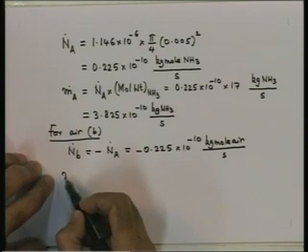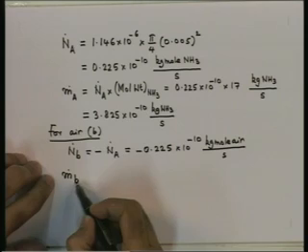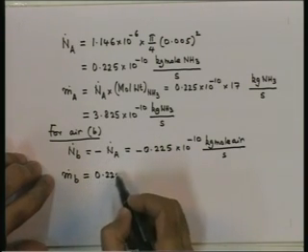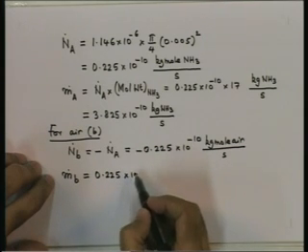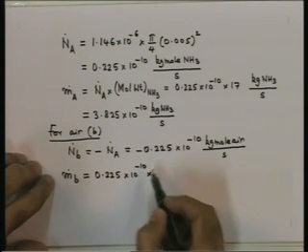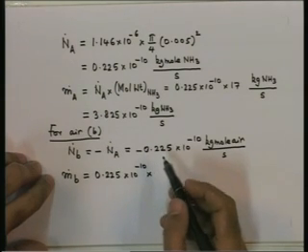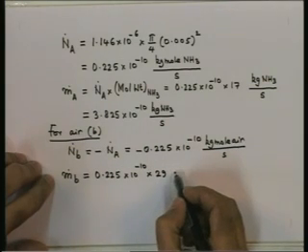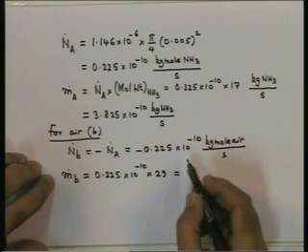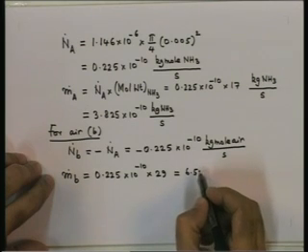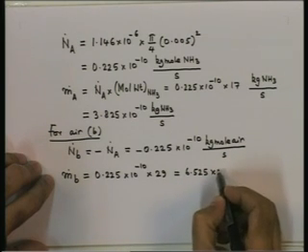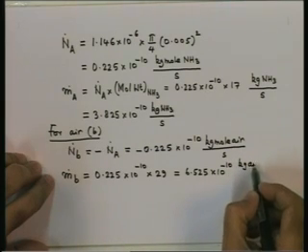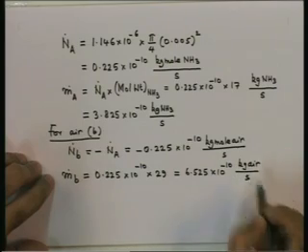So, the rate at which mass of air leaks in, I will not write the negative sign, will be 0.225 into 10 raised to minus 10 multiplied by the equivalent molecular weight of air, which is 29, and this turns out to be 6.525 into 10 raised to minus 10 kilogram of air per second.